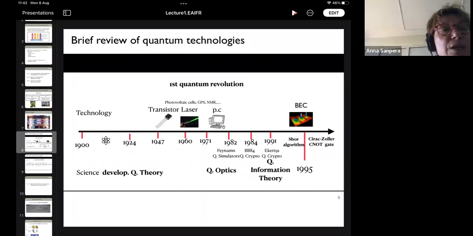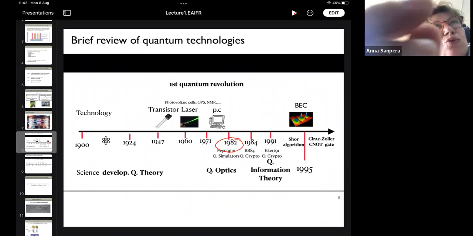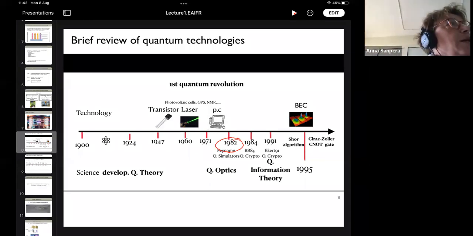So in '82, and maybe this is something that I would like to mark, is a very special year in this sense, because Richard Feynman says that quantum systems are very difficult to simulate because they are quantum systems. So maybe one should try to simulate them not with a classical computer, but with something which is also quantum.